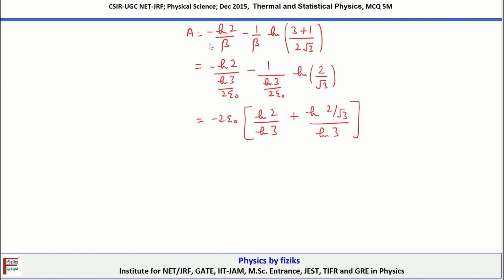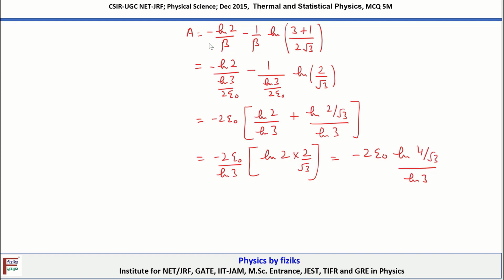After rearranging all the terms, minus 2E0 upon ln 3, we take it outside, and inside we are left with ln 2 multiplied by 2 by √3. So we obtain a very simple expression: minus 2E0 ln(4/√3) divided by ln 3. So this is our answer.